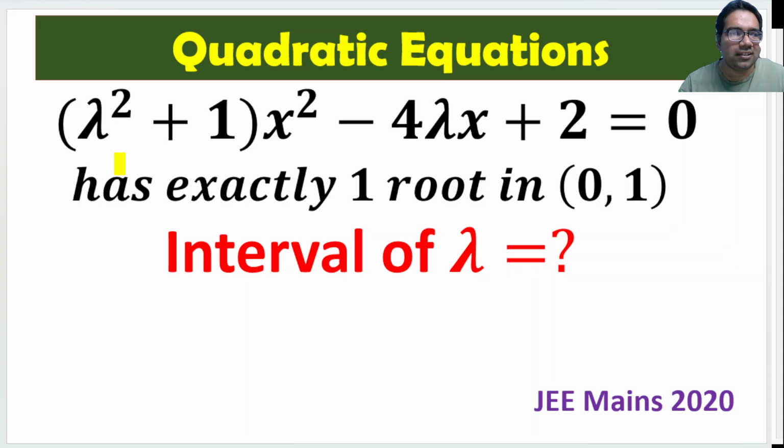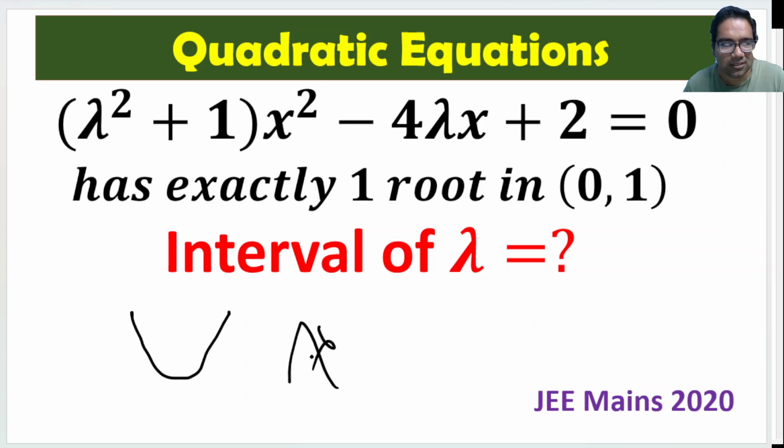What is the other thing? The other thing is lambda square plus 1 is always positive. What does that mean? This family of equations will be U-shaped parabolas, not inverted U-shapes. Because a is always positive, they will always be like this, never like this.